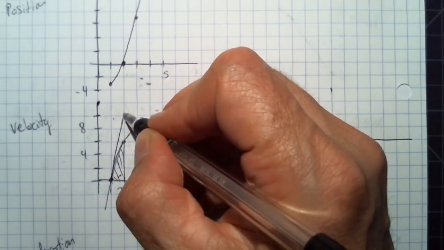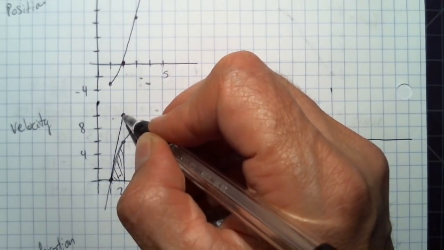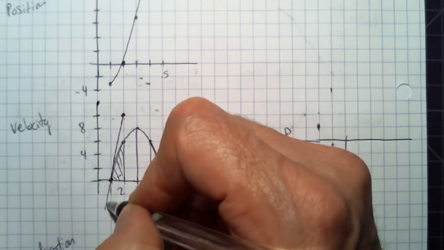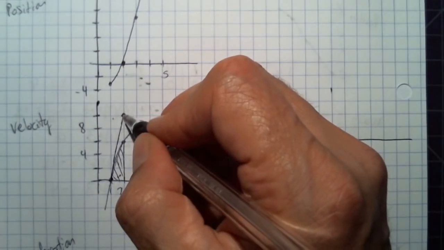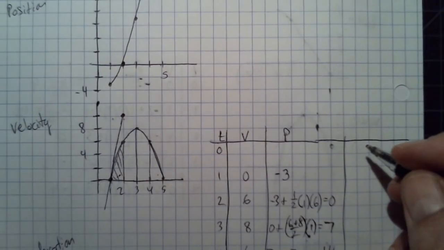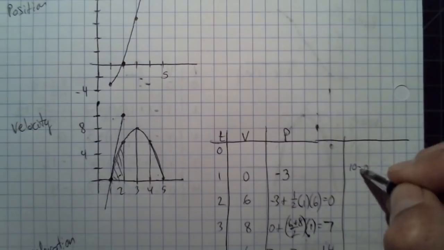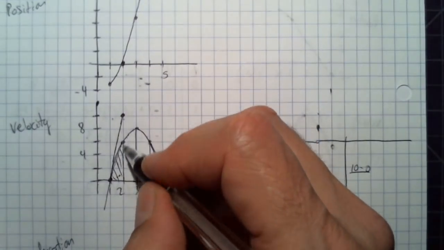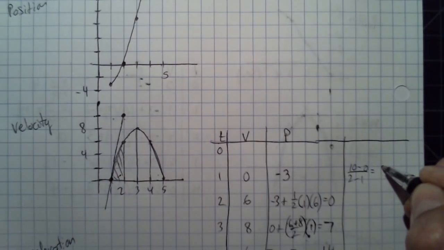And now we have a point on the tangent line. We'll estimate the slope of the tangent line by saying that this point is at 2, 10, and we're just estimating that. 10 minus 0 over 2 minus 1. So this is the slope at 1. And that would give us 10.